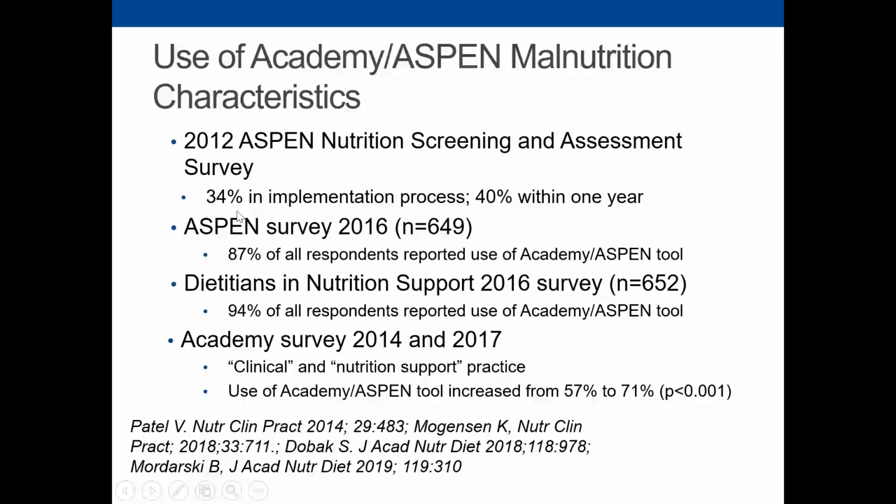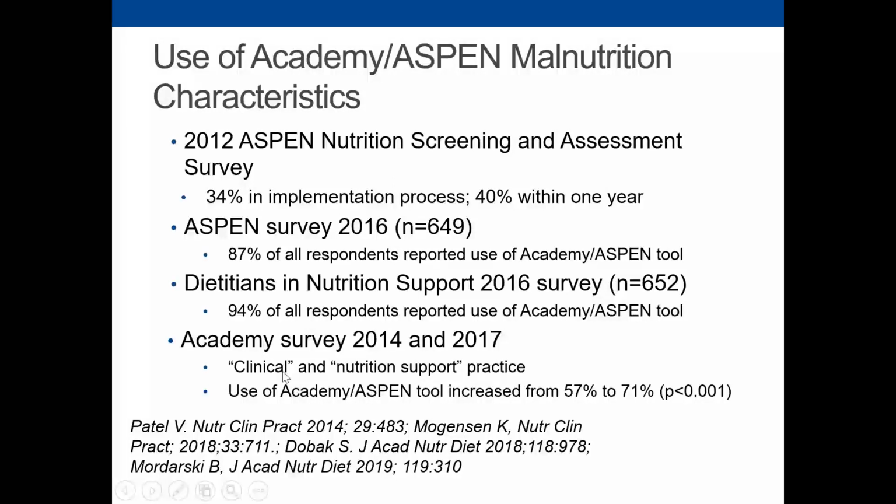So about a third were in the implementation process. And then in 2016, and this was just Aspen members, 87% of the respondents reported using this approach. Dietitians in nutrition support, about 95%. Aspen and DNS are mostly nutrition support practitioners, so you're certainly probably going to see this more likely in use.